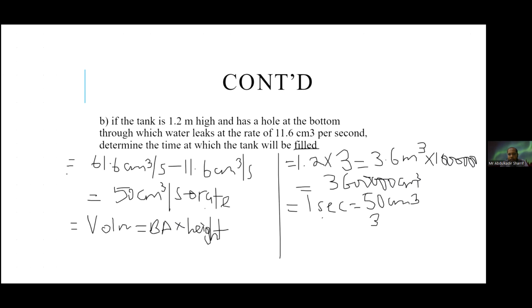You cross multiply. At the end of the day, you'll be taking 3,600,000 divided by 50 cubic centimeter. Taking that 3,600,000 divided by 50, it gives you 72,000 seconds.